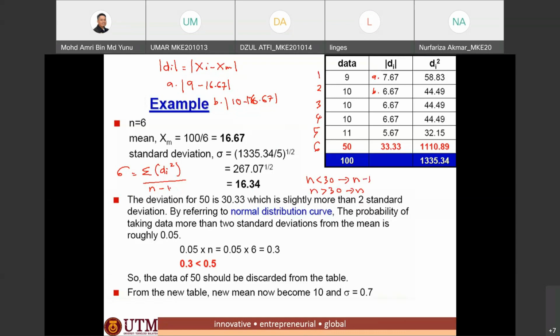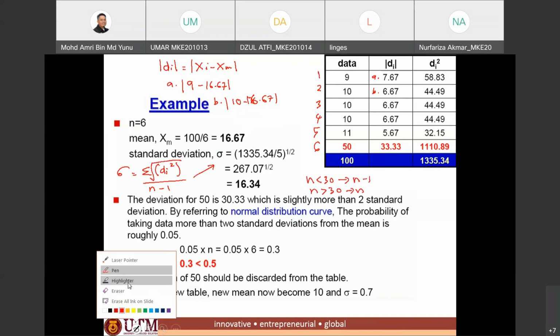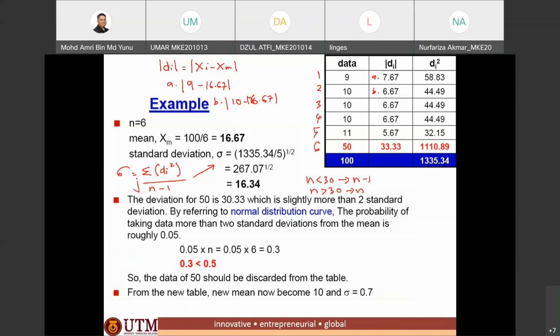So in this case, we use n minus 1. And then square root. So the standard deviation for this set of data is 16.34.